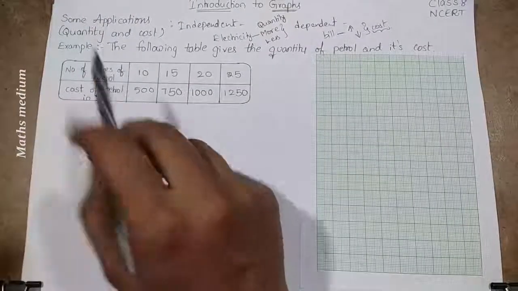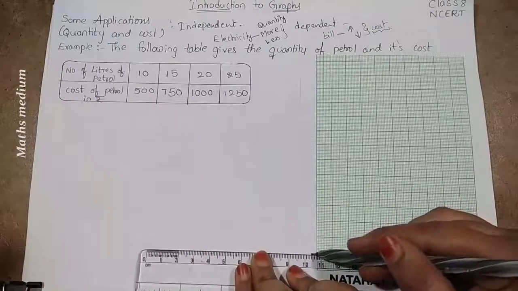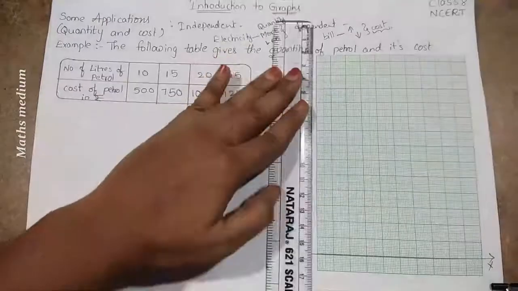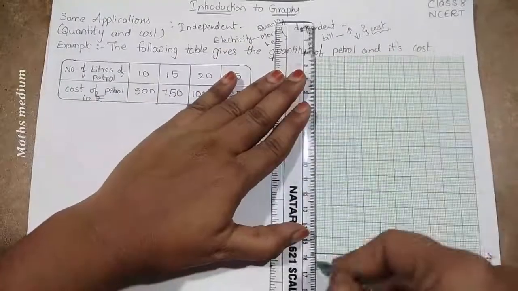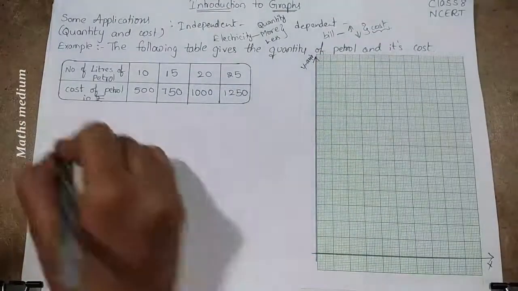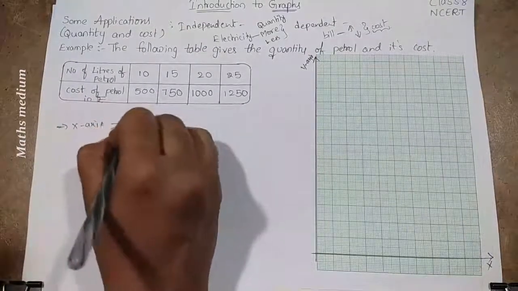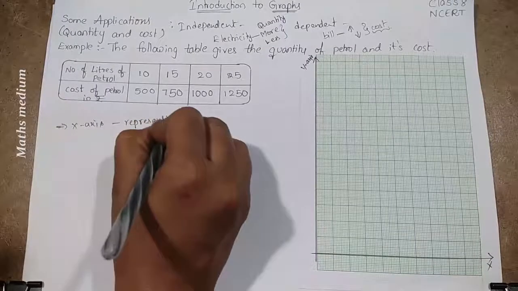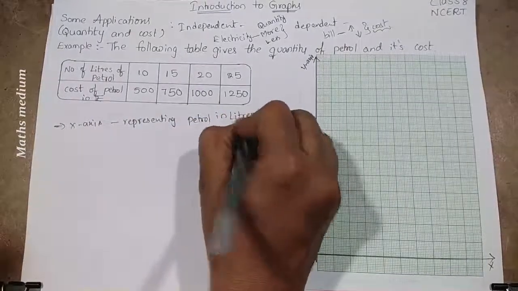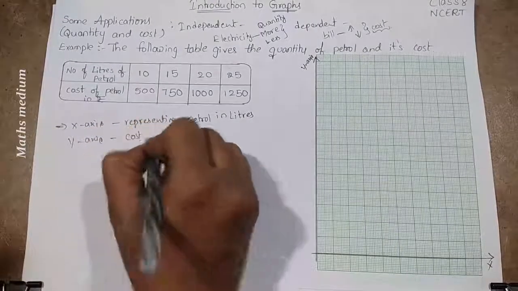So this we can also show in the form of graphs. Here I am taking axes like this. So this is the x-axis, 0, and as usual this is the y-axis. The x-axis is representing petrol in liters, and the y-axis is representing cost in rupees.